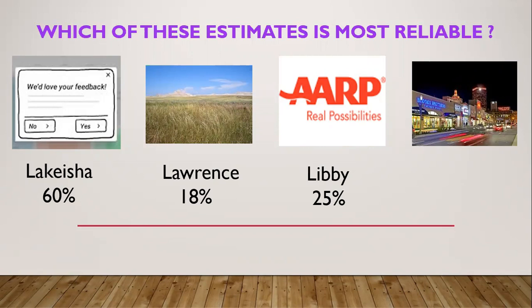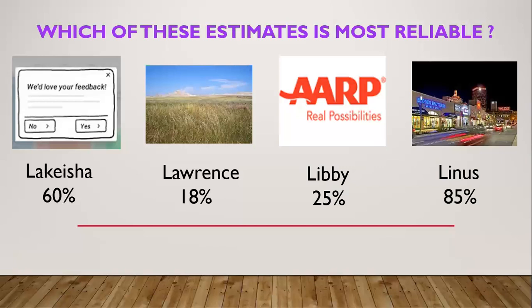From Libby's approach, she ended up with a proportion of 25% of those that she emailed from the AARP list. And the very largest proportion came from Linus, who found that 85% of the retirees that he talked to in front of that restaurant in Atlantic City said that they had been to a beach at least once per year.